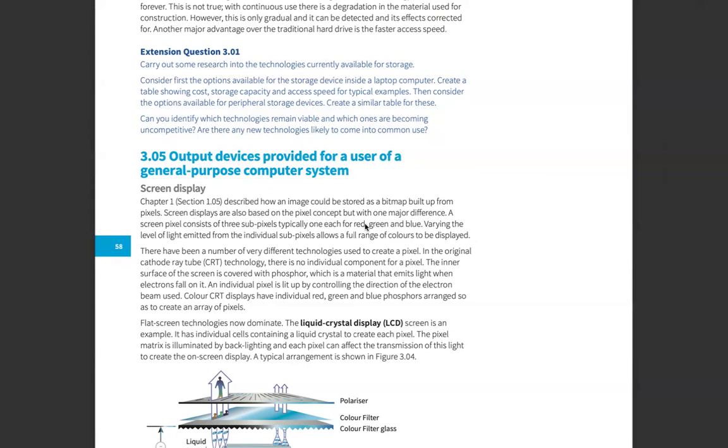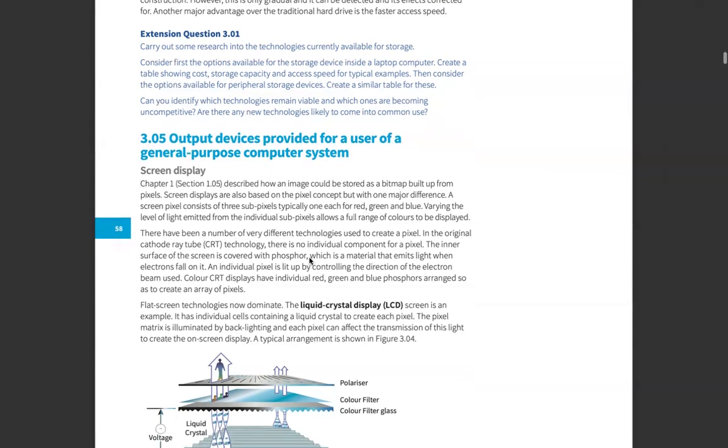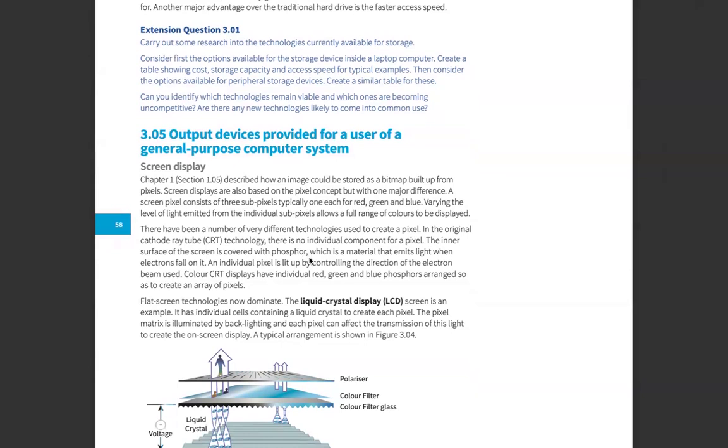There have been a number of very different technologies used to create a pixel. In the original cathode ray tube, that is CRT technology, there is no individual component for a pixel. The inner surface of the screen is covered with phosphor, which is a material that emits light when electrons fall on it.